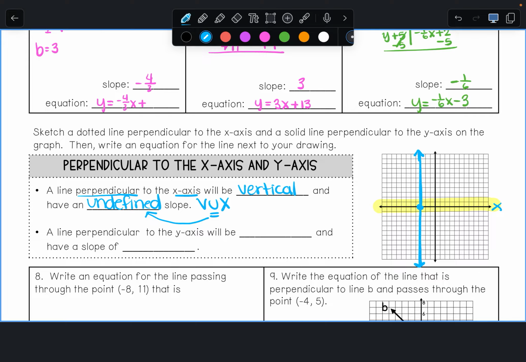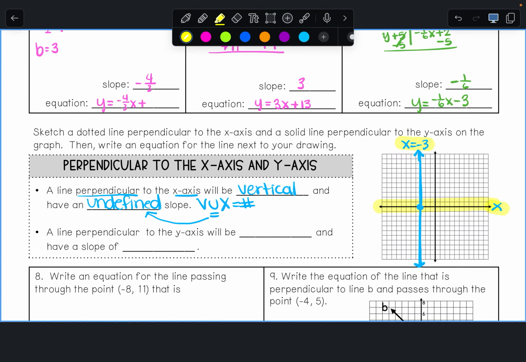Okay. What does the x in bucks stand for? X equals a number, and in this case, x is equal to -3. So if you're perpendicular to the x-axis, your equation will be x equals.